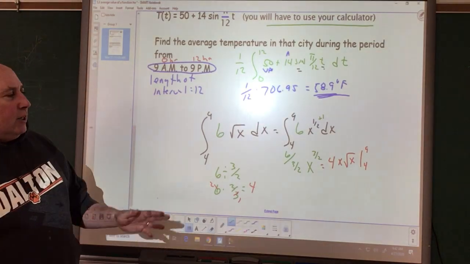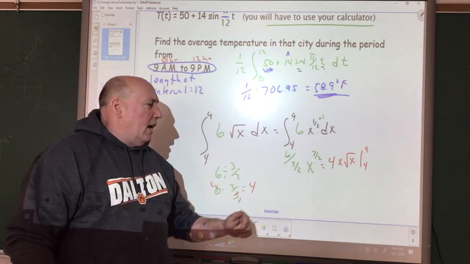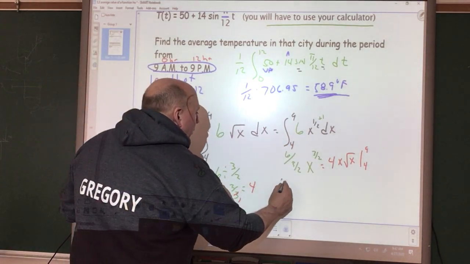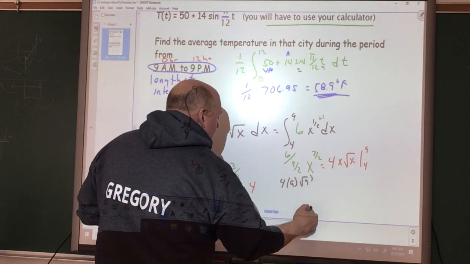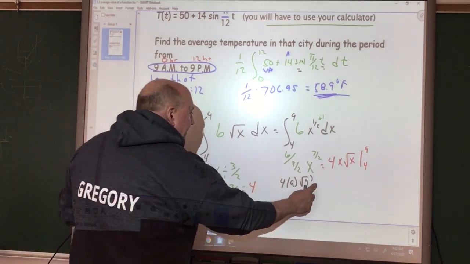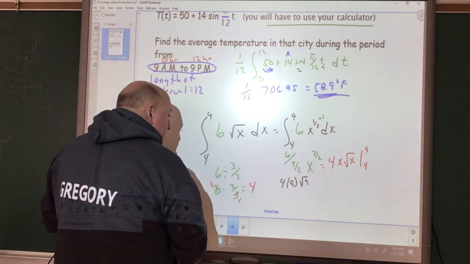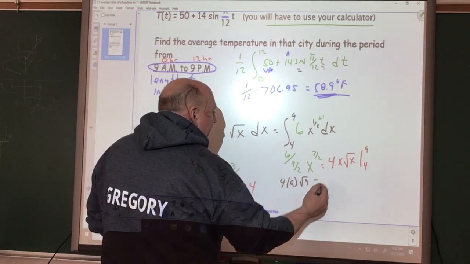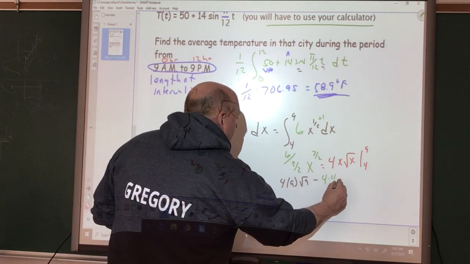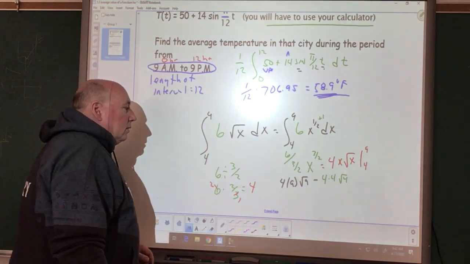So evaluating this, we first evaluate at a value of 9. So we have 4 times 9 times square root of 9, minus the evaluation at the value of 4. So we have 4 times the square root of 4.